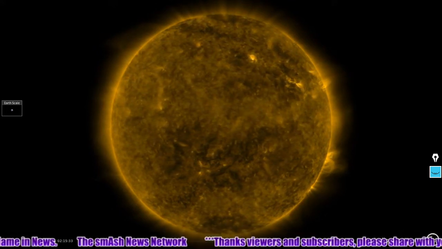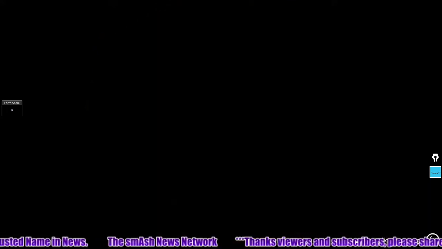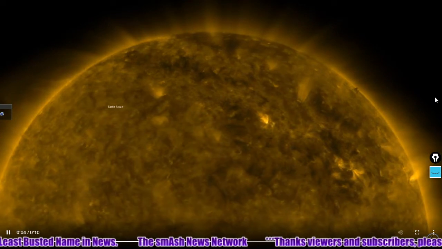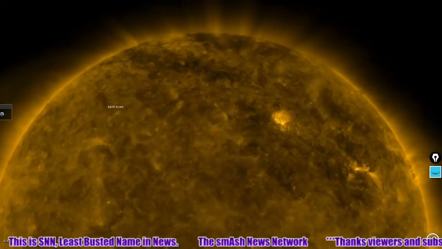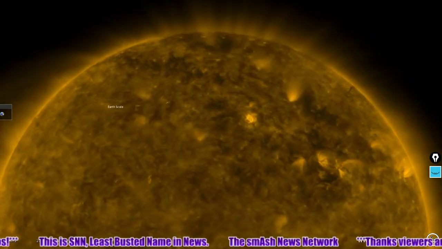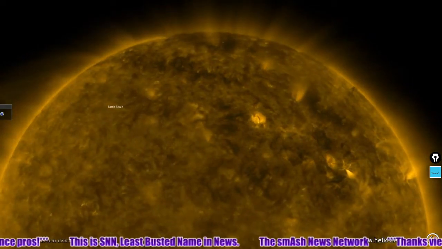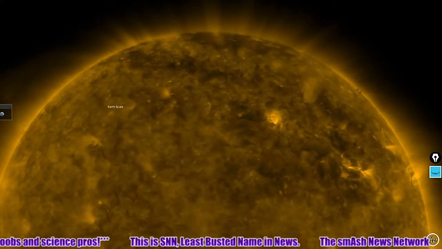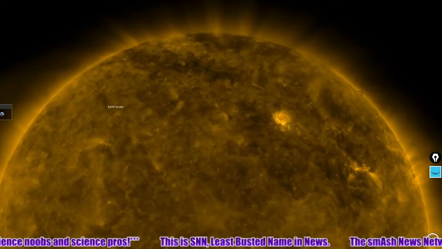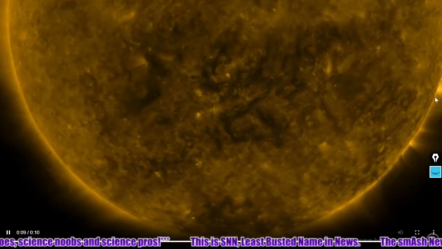Show you some extra views here. Here's the North Polar region close up. And here's the south.